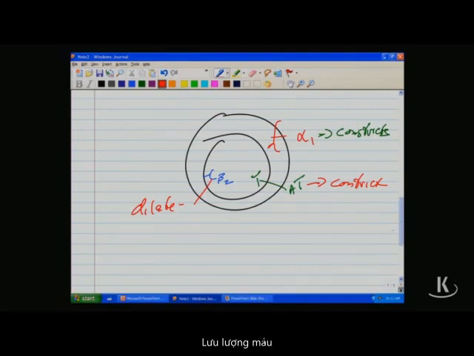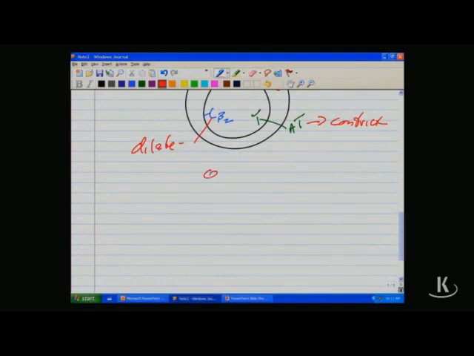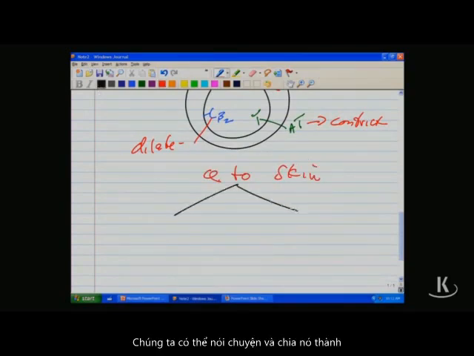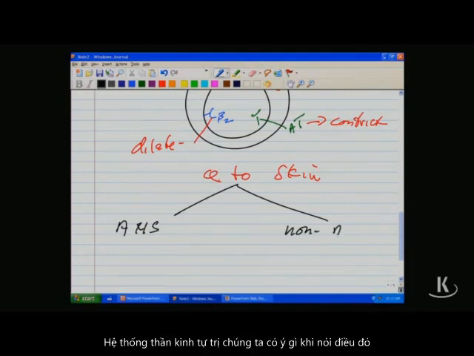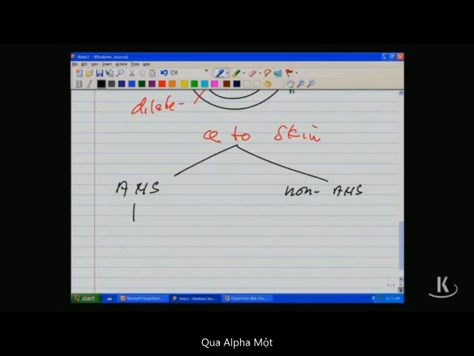Blood flow to the skin, we can divide into two categories: blood flow in regards to the autonomic nervous system and the non-autonomic nervous system. What do we mean by that? If it's the brain that's controlling blood flow to the skin, we are talking about it acting via alpha-1, either stimulating alpha-1 or inhibiting alpha-1.